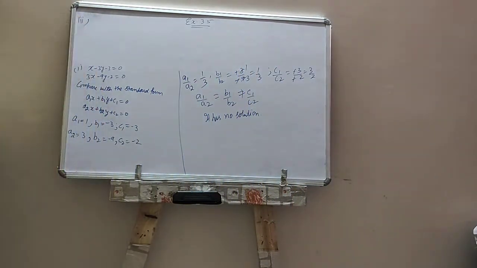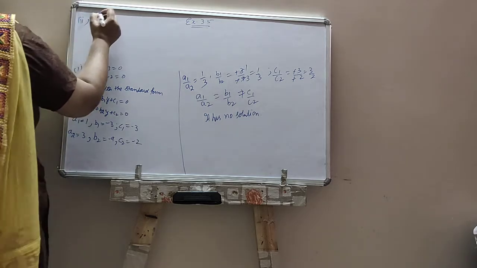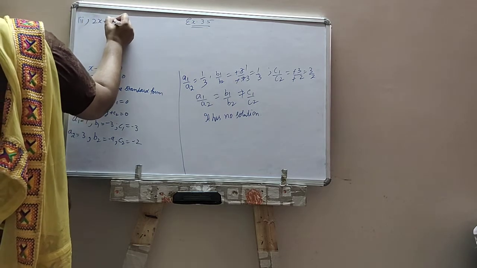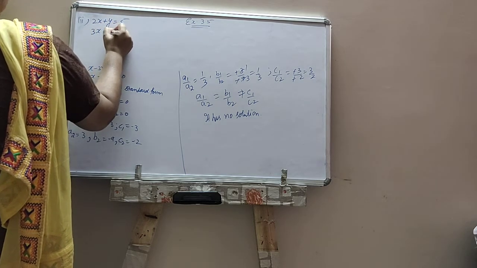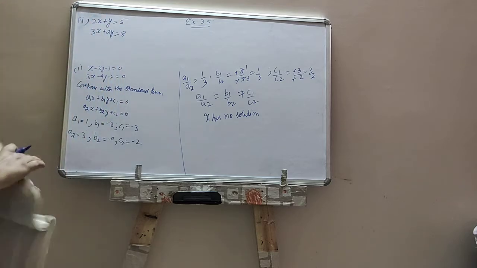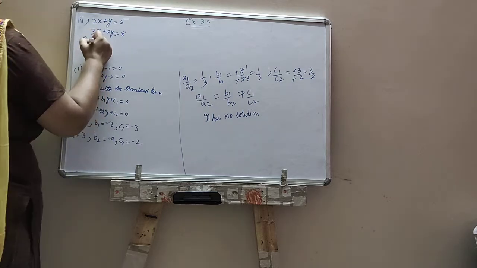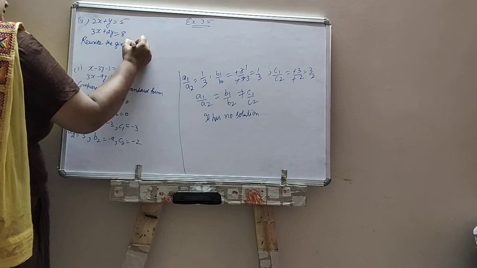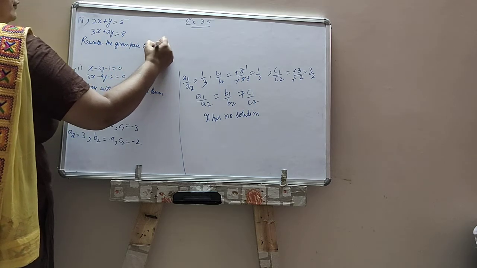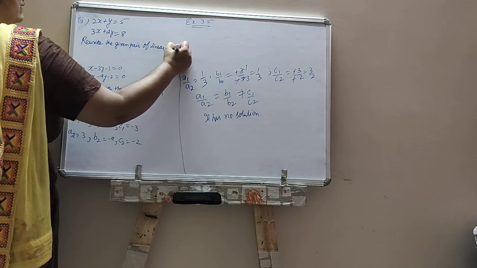The second part. Two x plus y is equal to 5, 3x plus 2y is equal to 8. But in standard form, the constant is on the left side. So rewrite the given pair of linear equation.